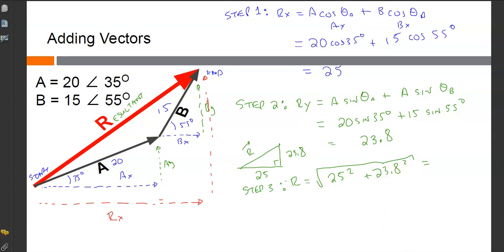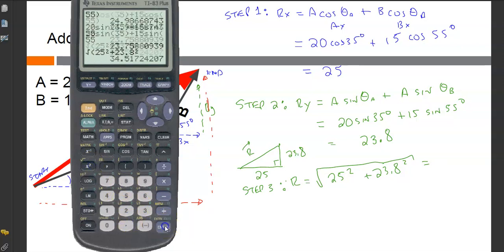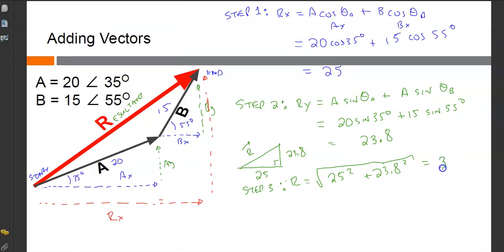And so the length of R, by the Pythagorean theorem, is the square root of 25 squared plus 23.8 squared, which is going to be 34.5. We just found out how long this side is.